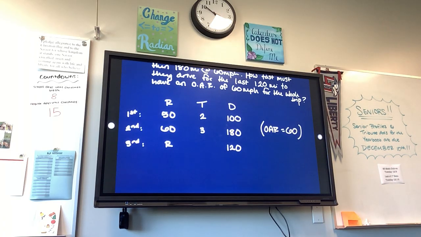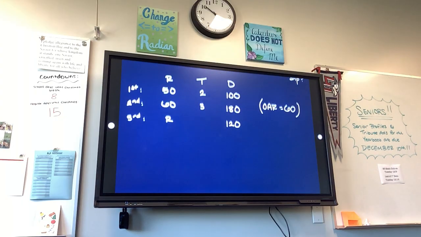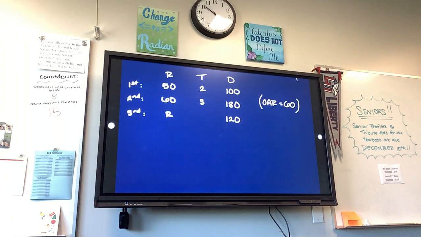All right. Now, let's come down here and start some math. The formula, I'm going to jot it down this time, is total distance over total time. We already know the overall. It is 60. So you see how I'm putting a 60 there. Can you tell me how much total distance we have?